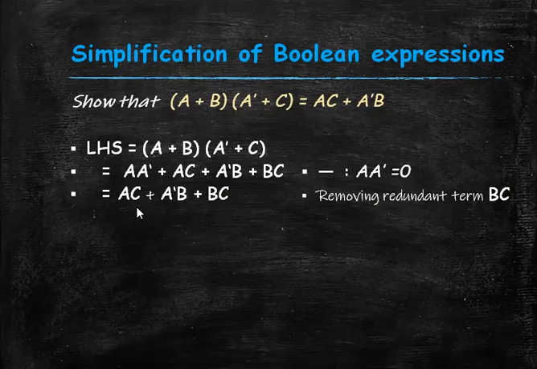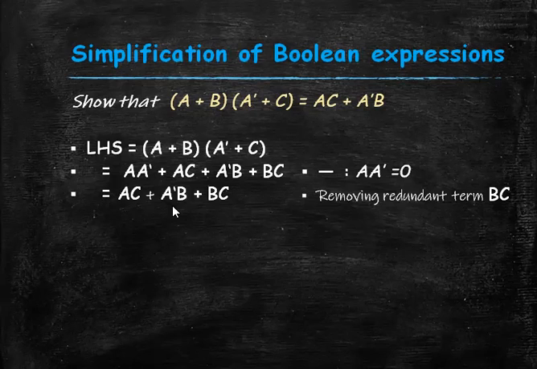It is the form of the redundancy law. Here, in the expression, there are three variables, A, B, and C. They are repeated 2 times, and one of them is complemented, that is, A is complemented as A bar in the second term.